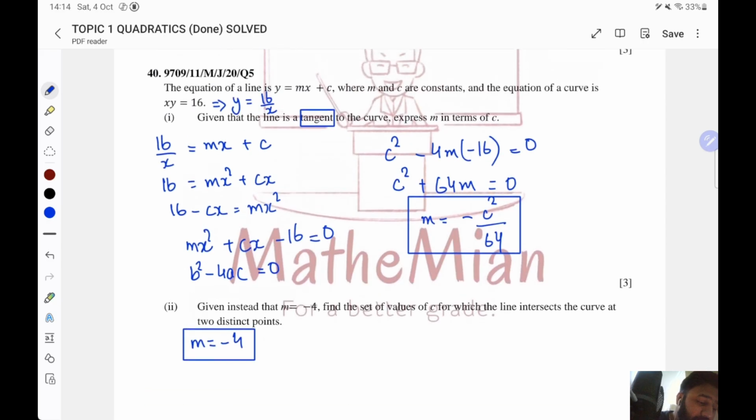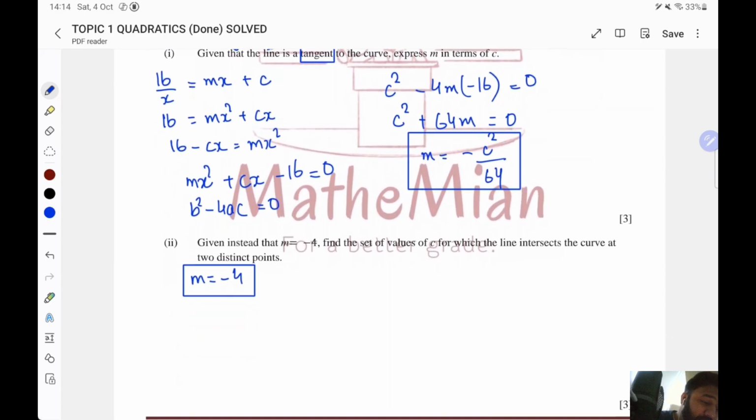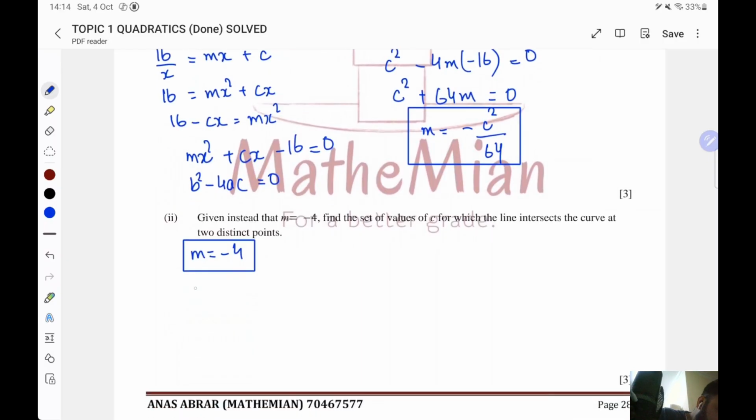We already have found the value of y's. The equation that we have is mx square plus cx minus 16 equals to 0. The value of m is minus 4, so minus 4x square plus cx minus 16 equals to 0.